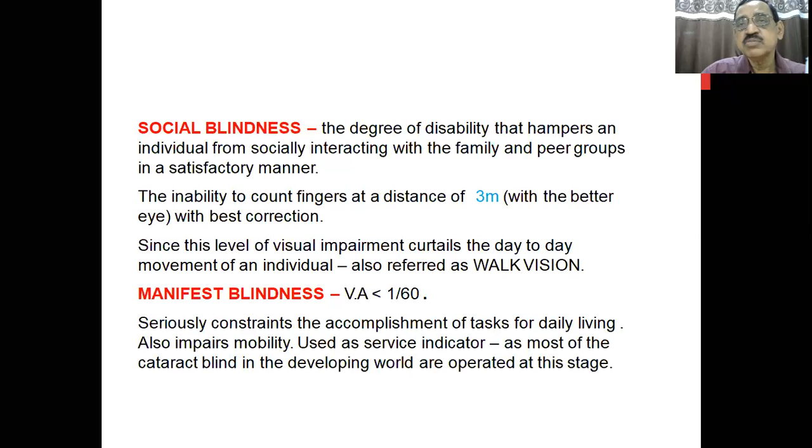Here the degree of disability of the individual hampers him from socially interacting with the family and the peer groups in a satisfactory manner. The inability is to count the fingers at a distance of 3 meters with the better eye and with the best possible correction.